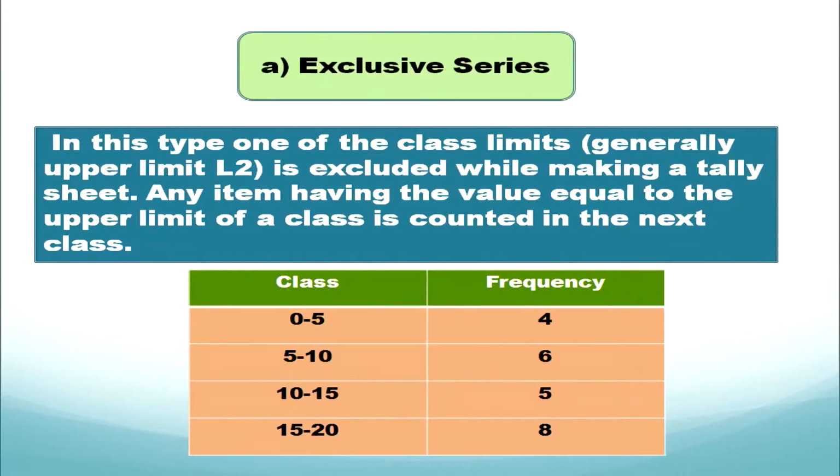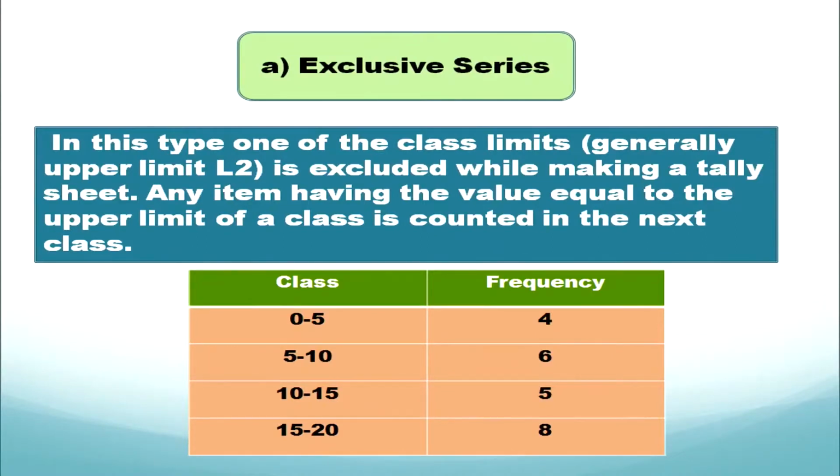Any item having the value equal to the upper limit of a class is counted in the next class. So, we have done up till 2 things. Very first, the upper limit is not counted in that class. First thing we have learned to make a tally chart. The next thing we have learned is that it will be counted in the next class.